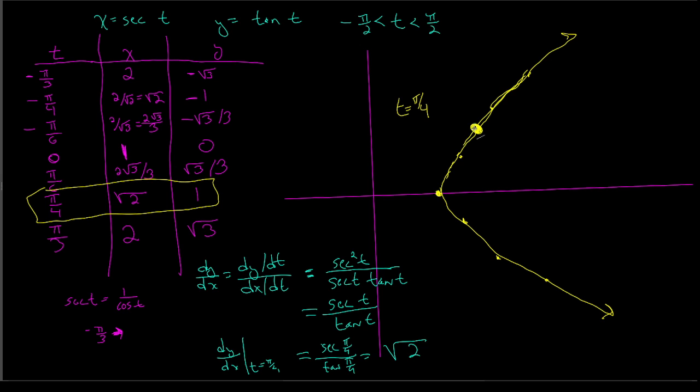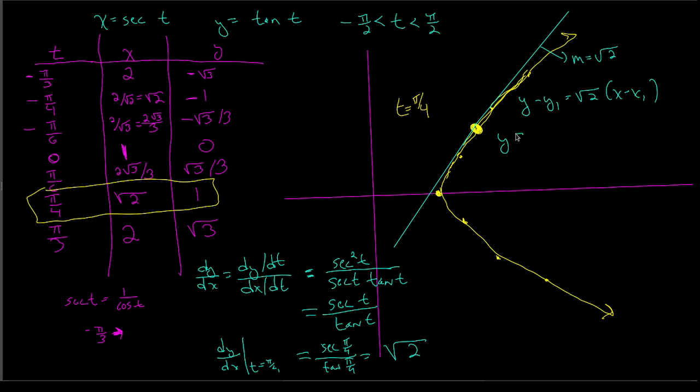I guess I'll be overly dramatic here. We have a tangent line. I'll line it up. And we'll say this line m equals root 2. So y minus y1 equals root 2 times x minus x1.